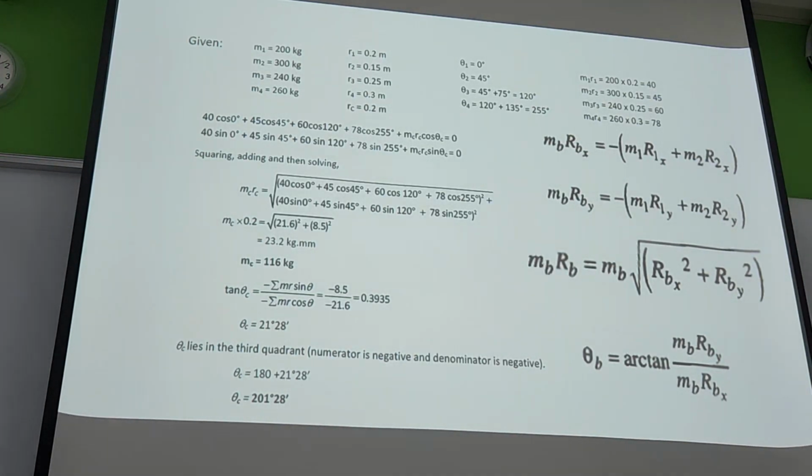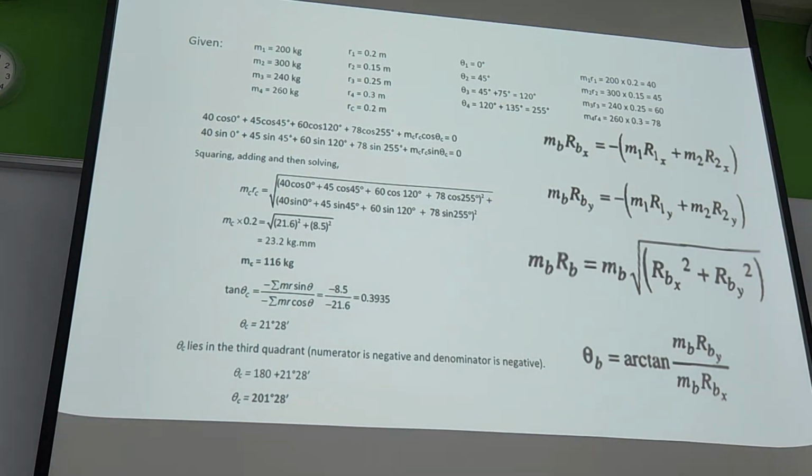So basically we are writing the x component and y component. The y component over x component gives you the tan theta. So from there theta you can calculate. So theta is tan inverse of y component over x component.